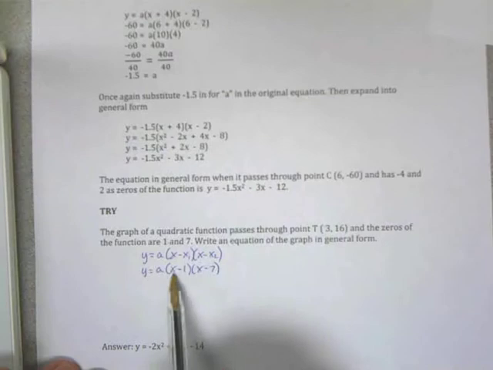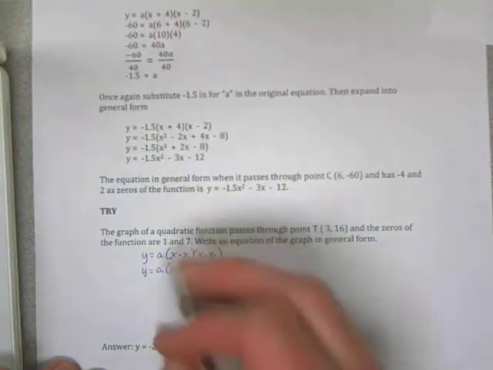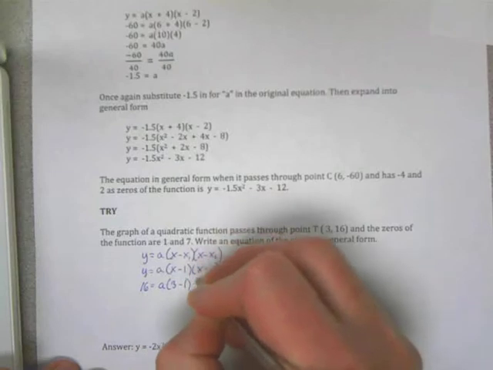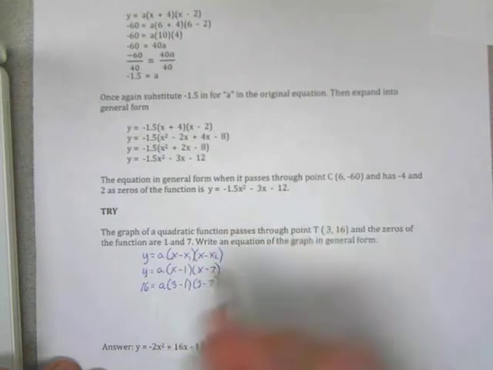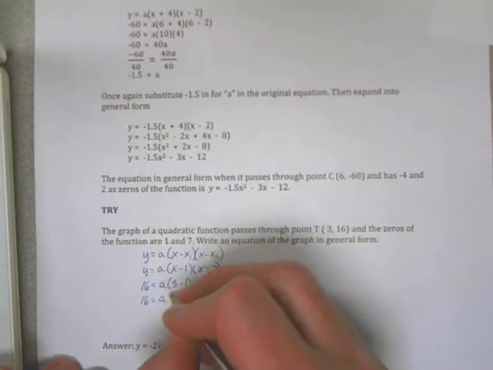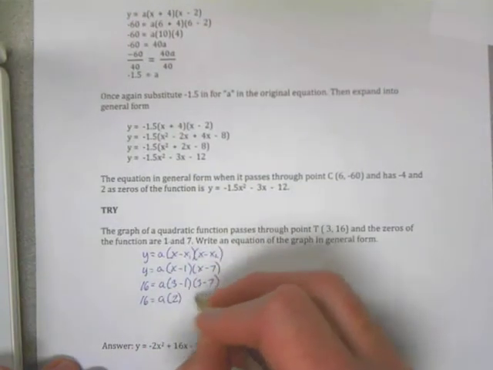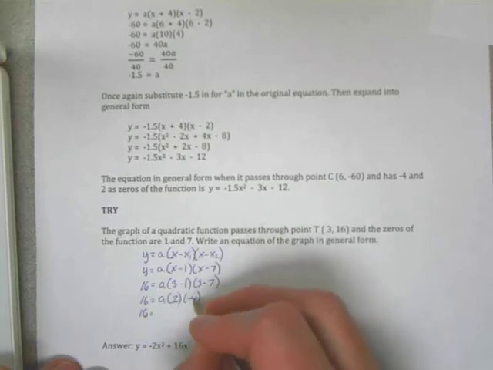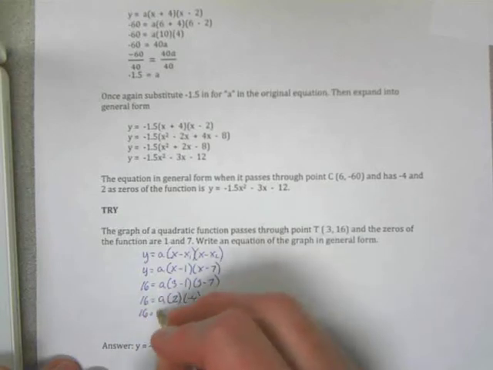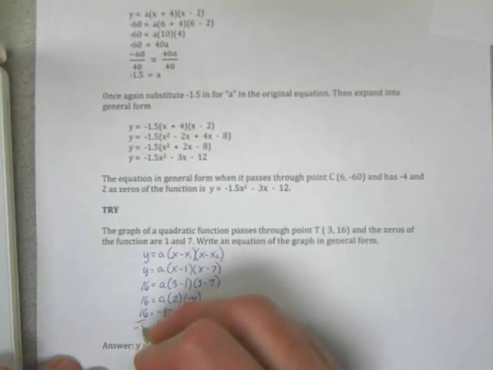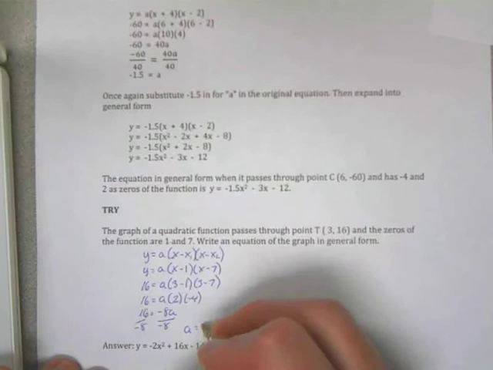I also know x is equal to 3 and y is 16, so 16 is equal to a times 3 minus 1 times 3 minus 7. All I'm going to do is solve for a now. So 16 is equal to a, 3 minus 1 is 2, and 3 minus 7 is negative 4. 16 is equal to 2 times negative 4, which is negative 8a. Divided by negative 8, divided by negative 8, a is equal to negative 2.